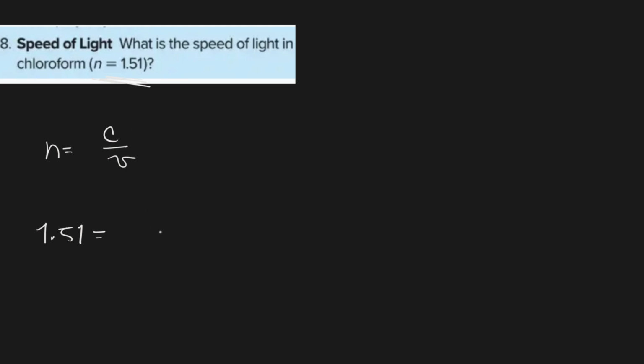What is c? C is known as the speed of light in basically vacuum, and it's equal to 3 times 10 to the power of 8 meters per second, and we'll divide it by v, the value that we don't know. So v is equal to 3 times 10 power 8 divided by 1.51.